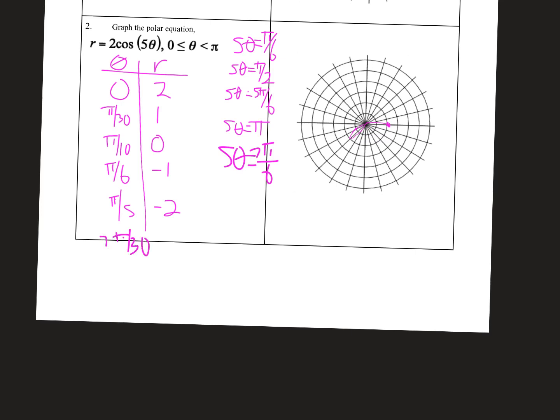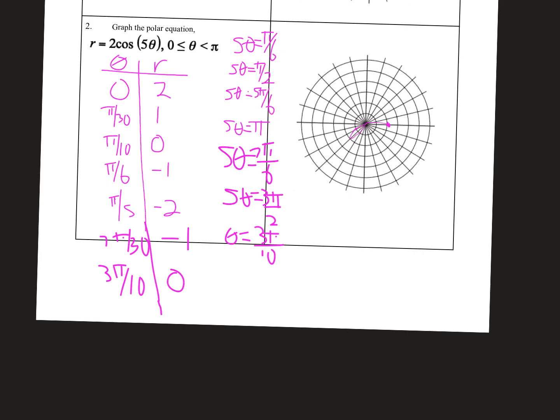The cosine of pi over 6 is 1/2, but 7 pi over 6 is negative 1/2, so that's negative 1. And that I already plotted, that is kind of right there. And then it's going to be 3 pi over 2, which is going to be 3 pi over 10. Cosine of 3 pi over 2 is 0. So that I've already plotted. That's going to be right there.